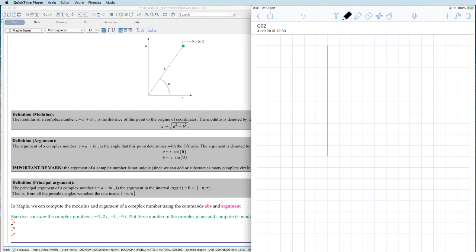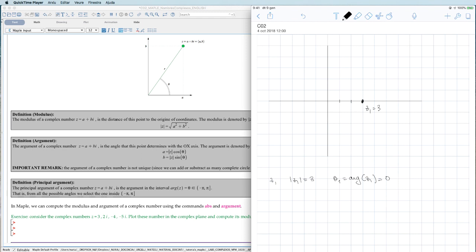The first number is 3, so it's the point (3, 0). This is z1, equal to 3. Its modulus is 3, because the distance to the origin is 3, and its argument is 0, because the angle is 0.